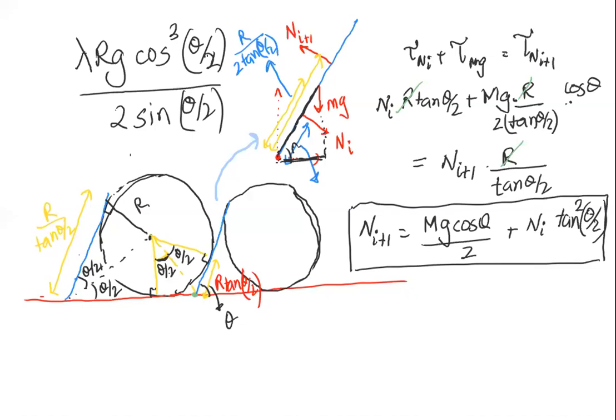ये आया समझ में जो मैंने बोला? ni plus 1 depends upon some constant plus ni. So basically, the normal reaction by the next circle is dependent upon the normal reaction by the previous circle. Right?